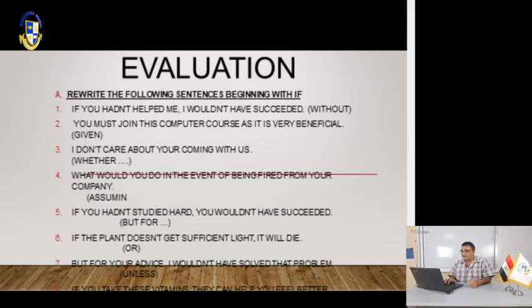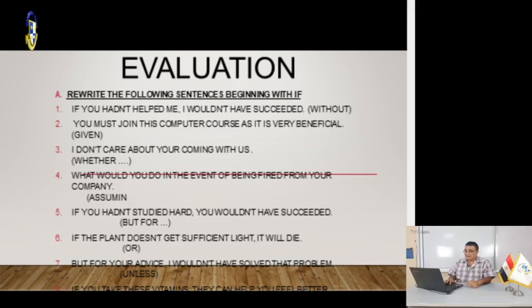Here we have given. You remember given that, which means since or because. You must join the computer course as it's very beneficial. So we say, you must join the computer course given that it is very beneficial. Given that, because it's useful.